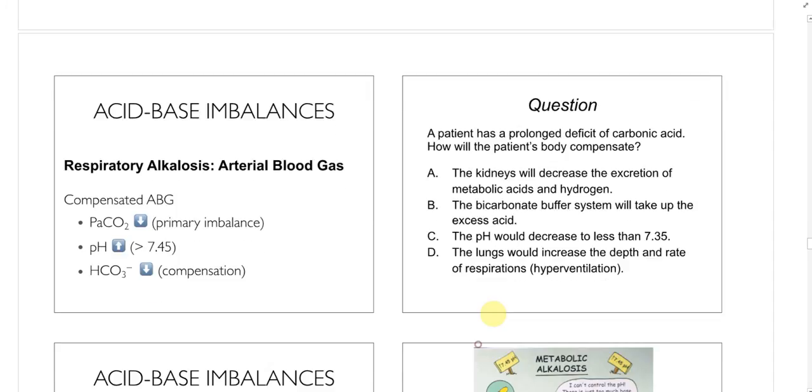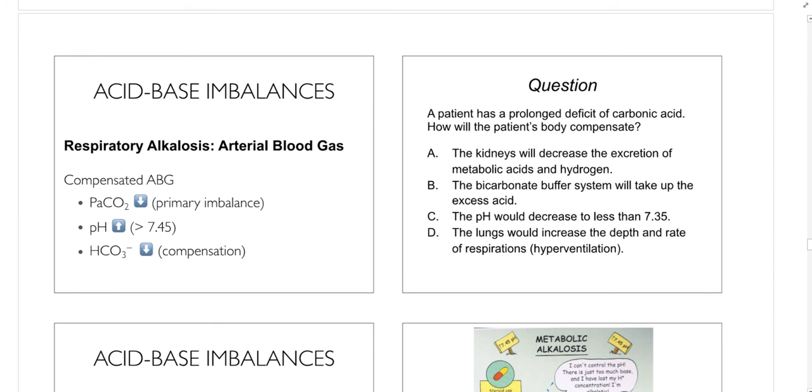When we're compensated, PaCO2 is still going to be low because that's the original issue. We're blowing off too much CO2 from, say, a panic attack. I mean, we're not going to have a panic attack over 2 days, so it doesn't exactly work out, but pretend we did.